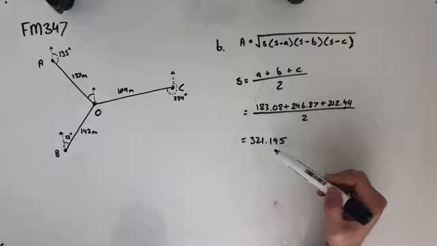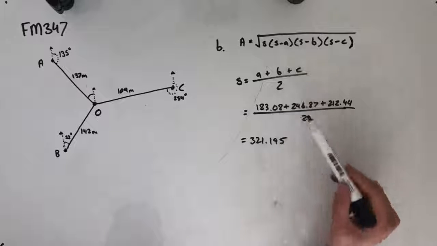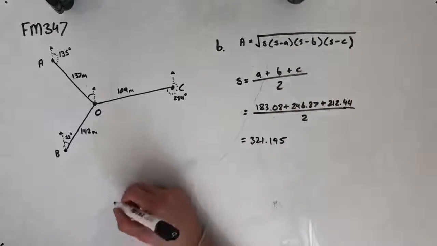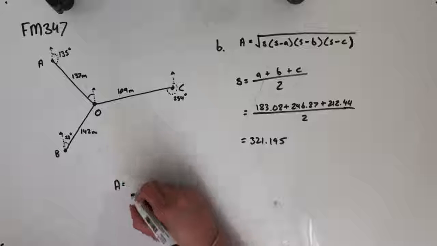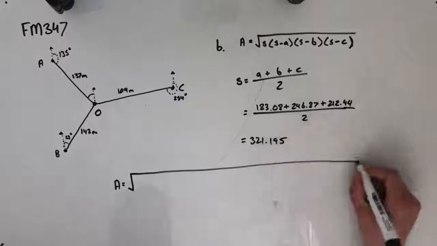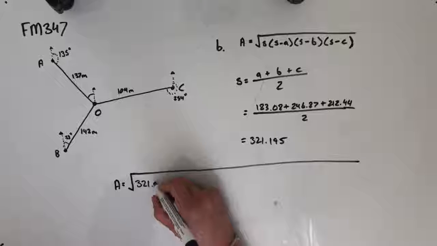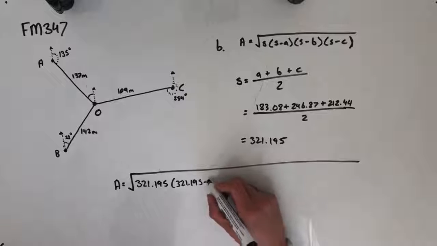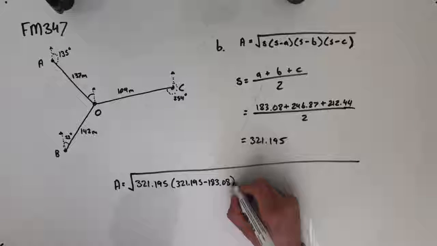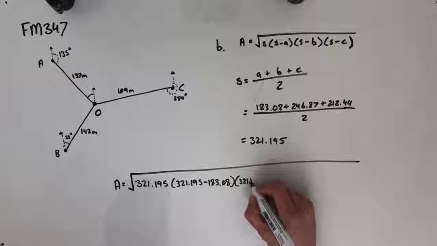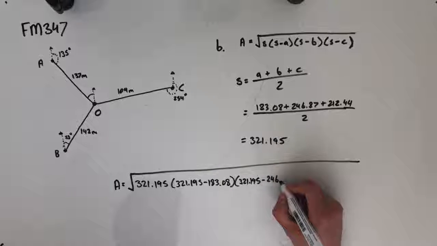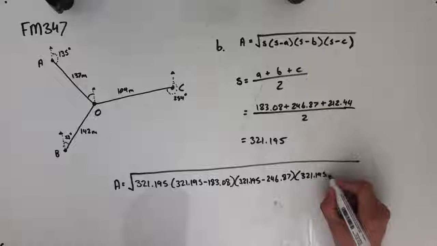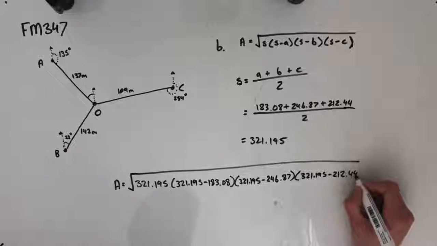Now we've got all our values explained here. So we've got s of 321.195, a is 183.08, b is 246.87, and c is 212.44. So effectively we have everything we need to answer this question. Writing a big equation here, we should get 321.195 times 321.195 minus 183.08 times 321.195 minus 246.87 times 321.195 minus 212.44.